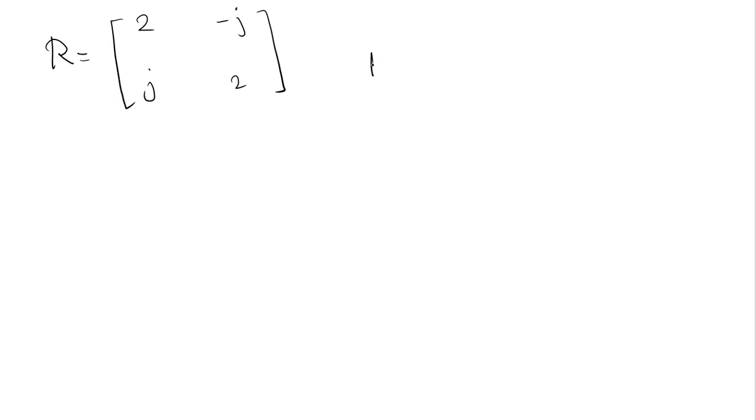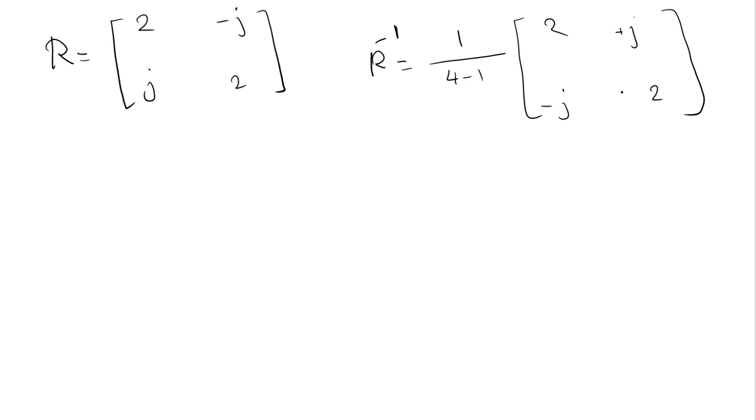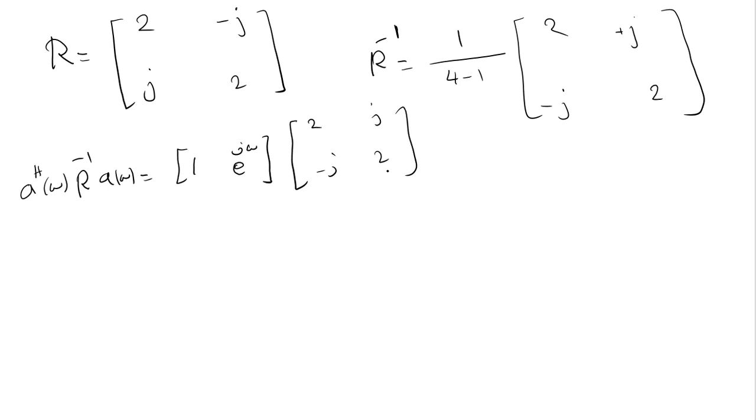We can find R inverse, which is 1 over 3 times 2, j, minus j, 2.